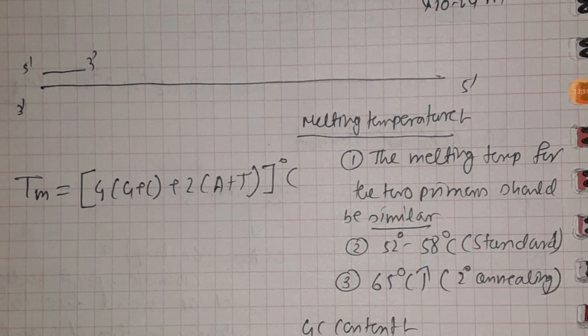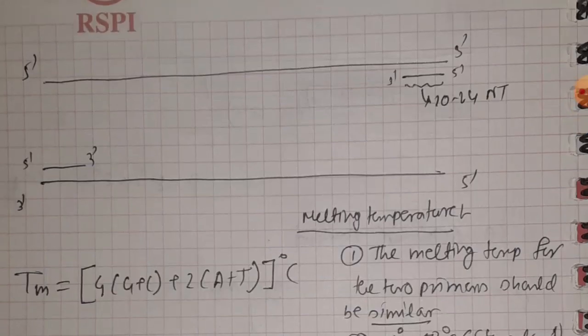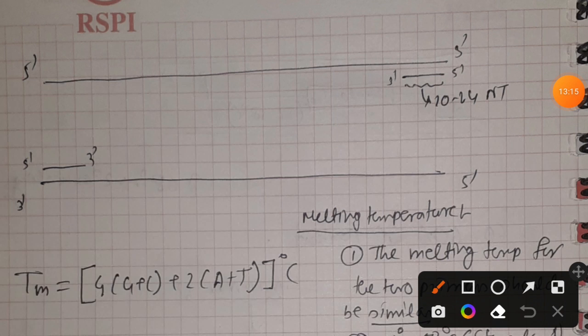Not only that, if you take too small a primer, then it can promote mismatch priming, because remember, a primer is nothing but ATGC and your DNA is nothing but ATGC. That is why if you take too small a primer, the specificity will be lost.